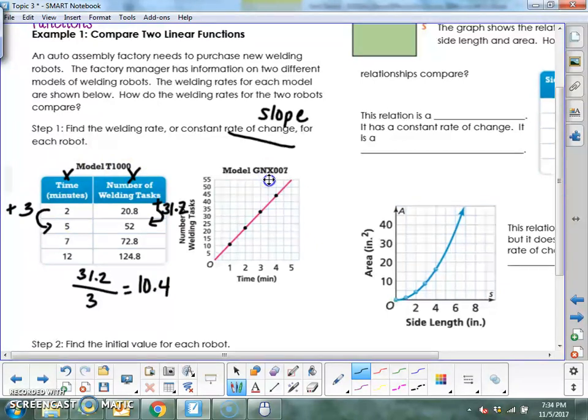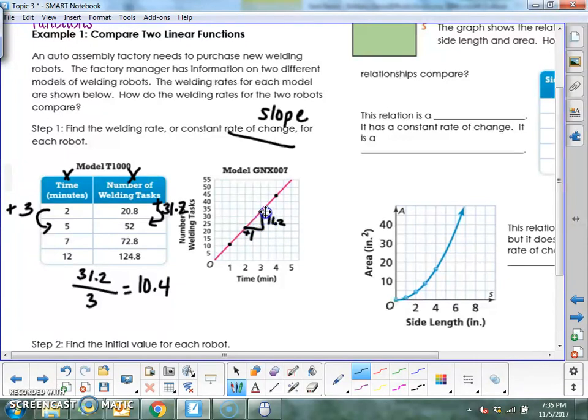Then we have the Model GNX 007. The information that was not printed on the graph was the rate of change. Since it's hard to tell on the graph exactly where these points lie, they told us that there was an 11.2 vertical change on our Y and a 1 change from left to right.